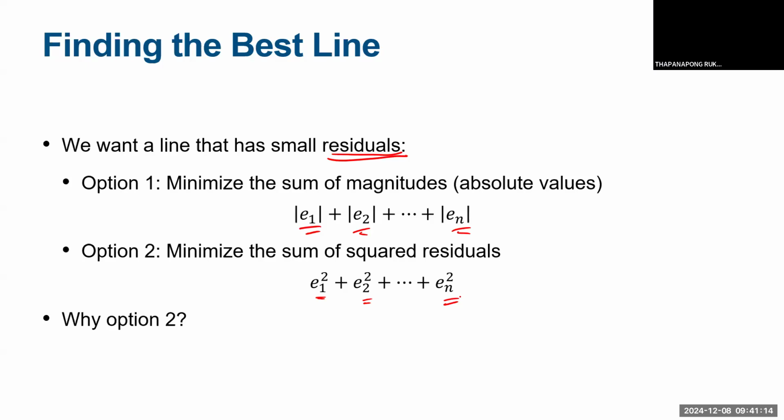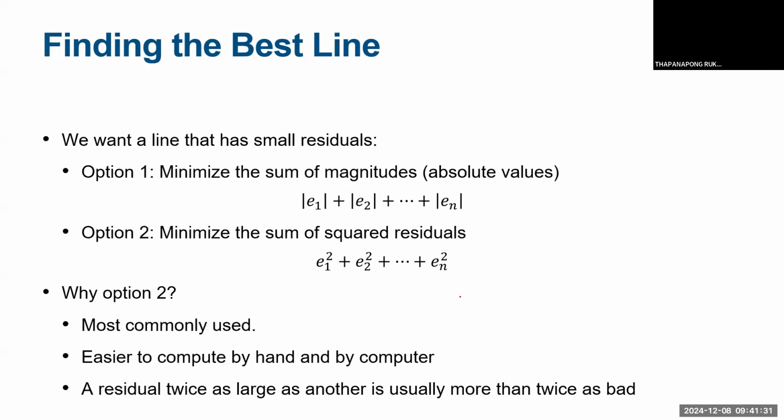What do you think are the reasons? Well, the first reason is that it's the most commonly used. People just intuitively use the sum of squared errors. And this one is easier to compute, by hand and by a computer.